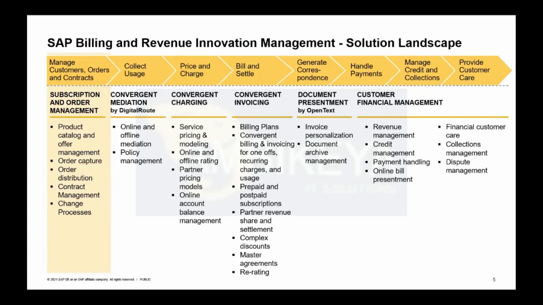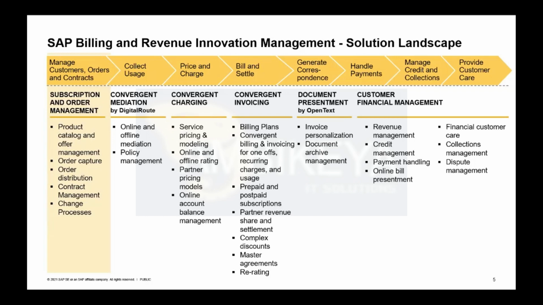With convergent invoicing, we are able to handle as well prepaid and postpaid subscriptions, and we are also able to control partner revenue share and settlement. Especially for B2B processes, it's important to have master agreements and complex discounts in place.